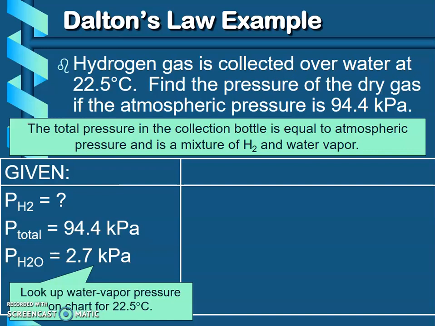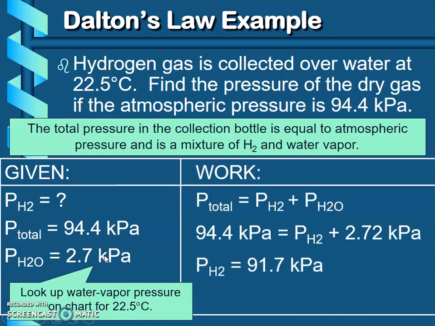So if at 22 degrees it's 2.6 and at 23 degrees it's 2.8, we know it's halfway between that. So halfway in between 2.6 and 2.8 is 2.7. So that's going to be my partial pressure for water. Okay, and now we just plug this into our Dalton's law equation and solve for our unknown.